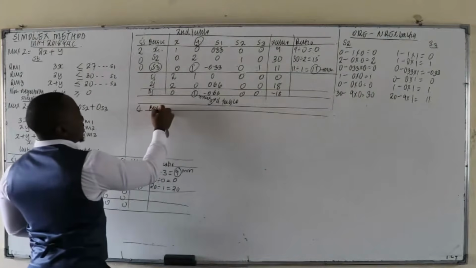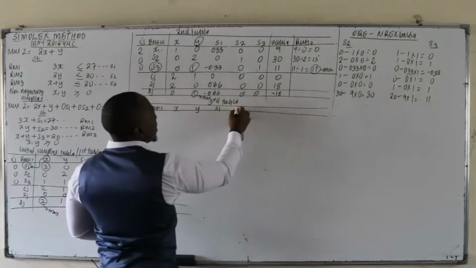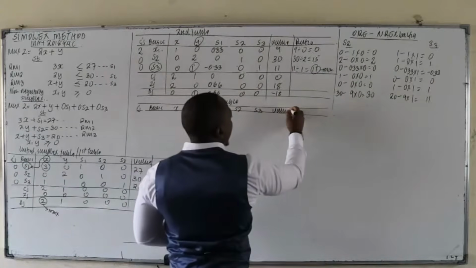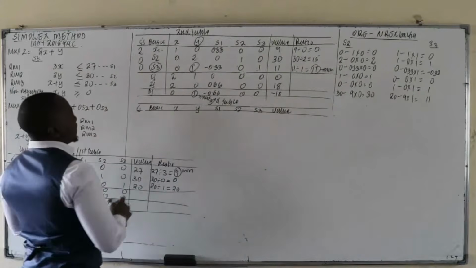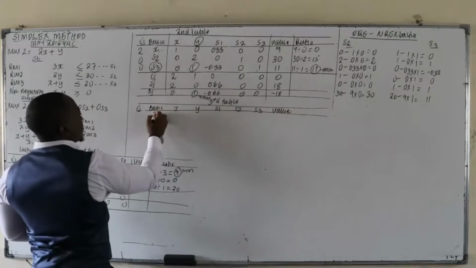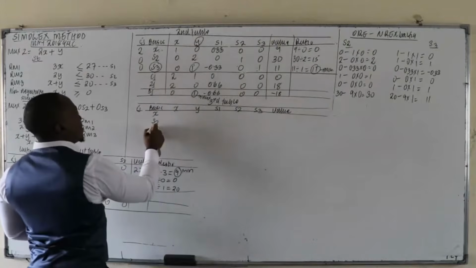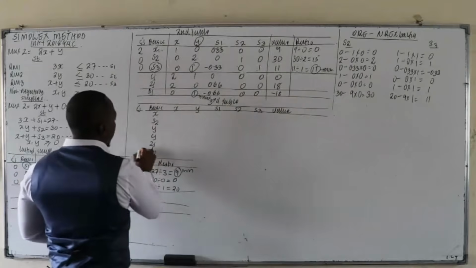Cj, we have the basis, we have X, Y, S1, S2, S3, and then we have the value. So here we have X, S2. Now S3 is gone, it will be replaced by Y. Cj, Zj, Dj.